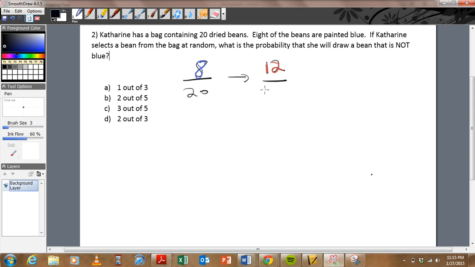Okay, so there's going to be 12/20ths that are going to be not blue. And if I simplify this fraction by dividing the numerator and denominator by 4, that's going to give me 3/5. So my answer is C.